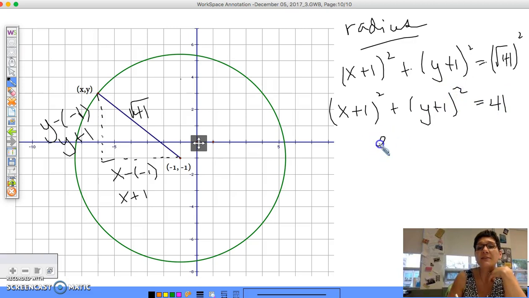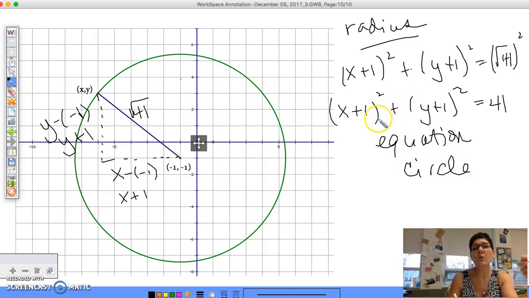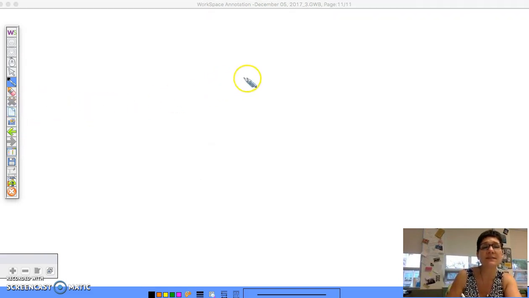And again, this represents the equation of my circle, whose center is at -1, -1. So I want you to go back and look at the other one, see where the center was, and take a look at your equation. I'm going to do one more, and then we're going to go off into the sunset.